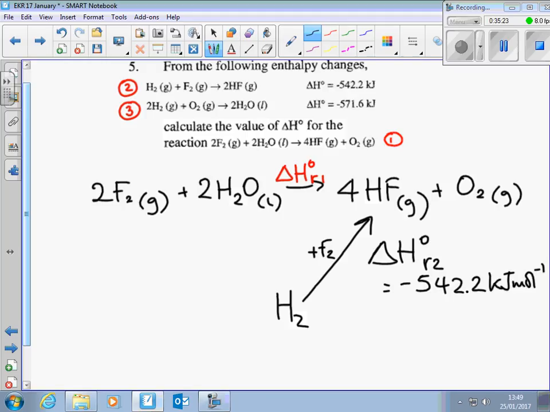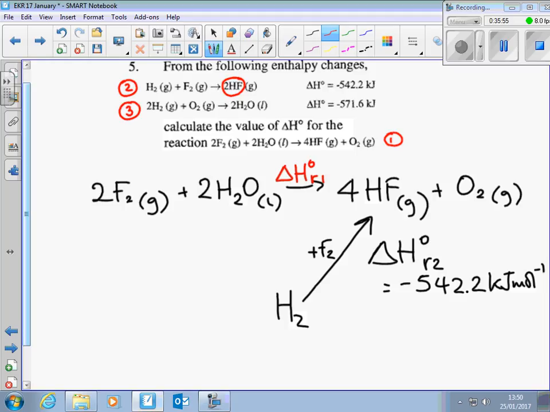We do have a bit of an issue with that though, don't we? Without multiplying up our reactants, how many hydrogen fluorides are produced in equation 2? There's only 2. So we have to consider, do we double it, do we half it, all that sort of thing is going to come up. But yes, we're going to need to double it, basically. So we'll have to double that value to get up there.